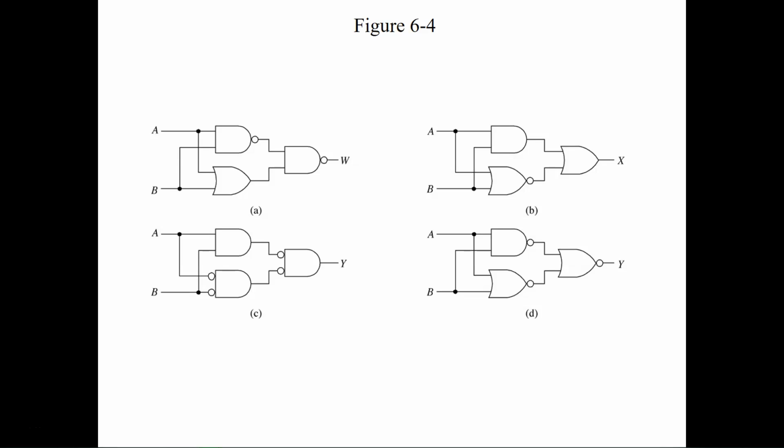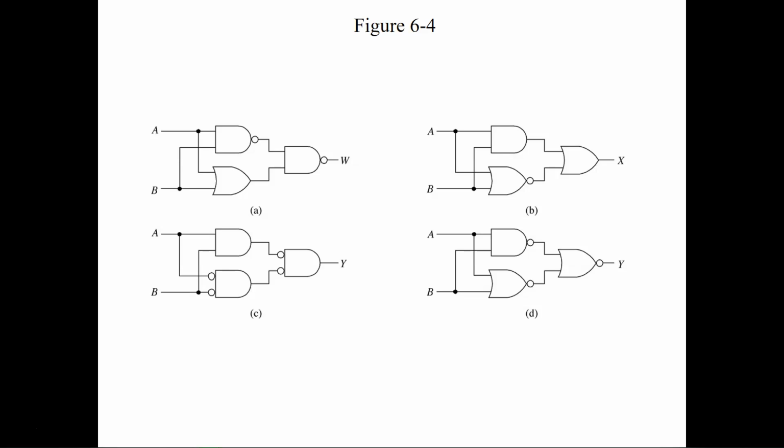So first of all, what is the symbol? If this has a little circle on the top part of it, what does that mean? It's an inverter. It inverts the output signal, yes. The output signal is inverted from the input signal.